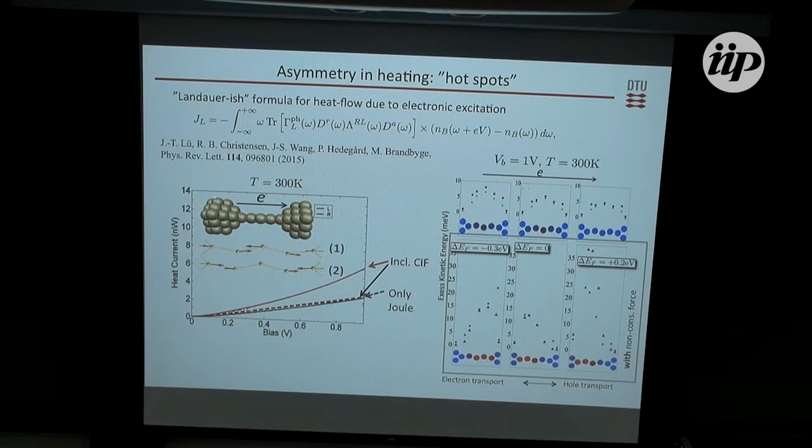And of course, when you have big metals like this, you cannot just change the Fermi energy. You cannot dope a metal. But we can, in the calculation, do it by hand, and we can see how the heating changed from one side to the other side when we change the Fermi energy. So you can think of it as we change from electron transport to hole transport, and that changes this distribution.